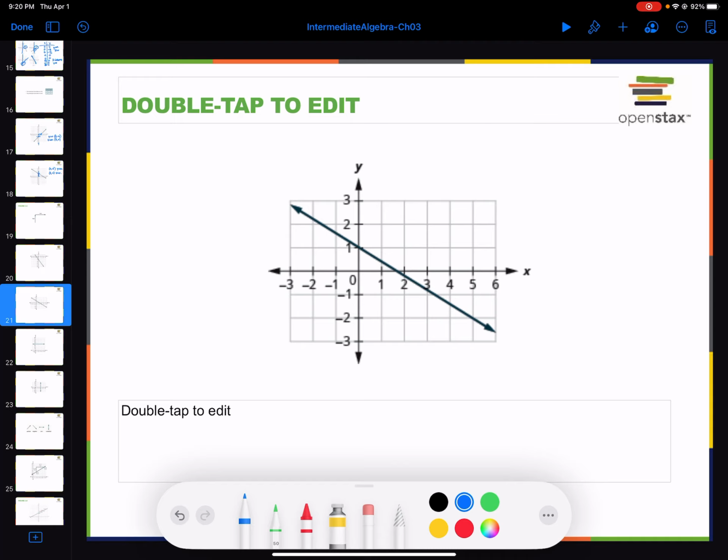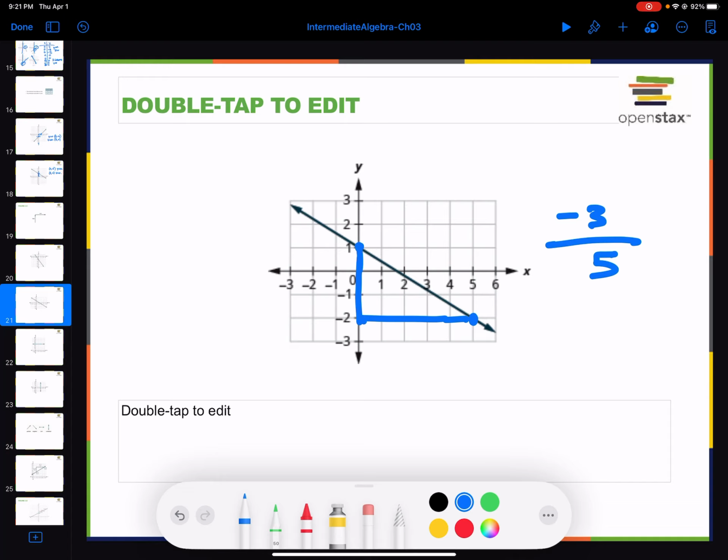Now let's look at one last one. Again, try to find a clear point. So we've got our y-intercept is a clear point here. And if I keep going down, it looks like this one is also a clear point. So let's go ahead and calculate that rise over run again. We can do down 1, 2, 3, over 1, 2, 3, 4, 5.